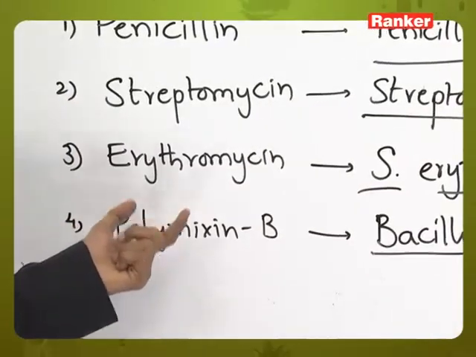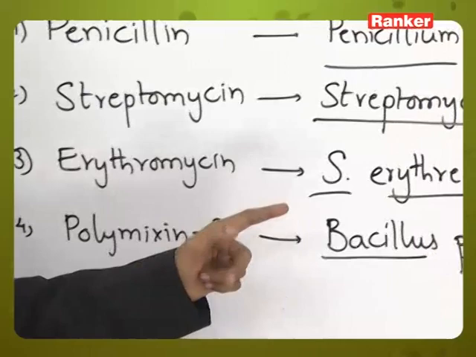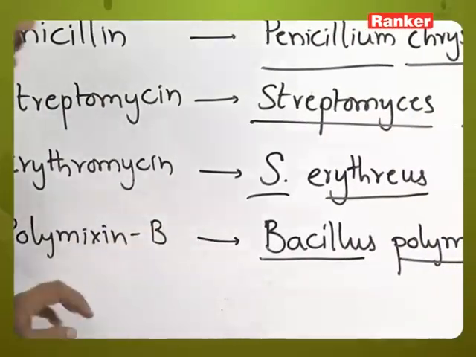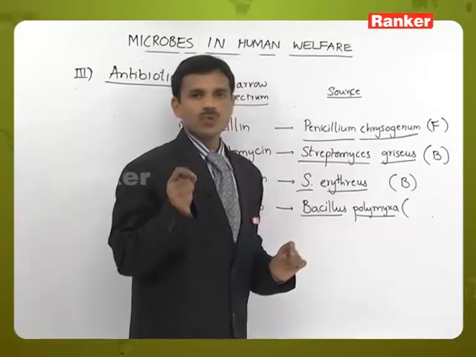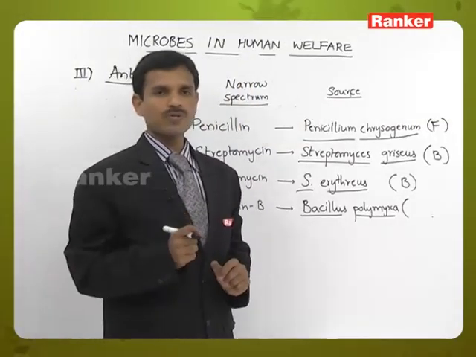Polymyxin B is extracted from Bacillus polymyxa.